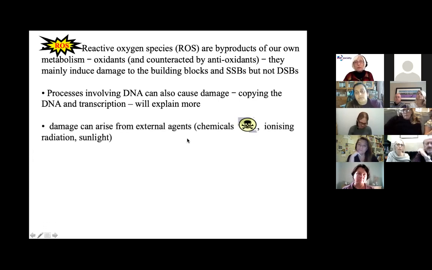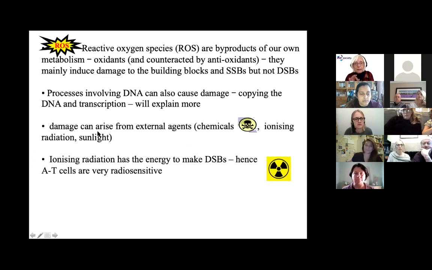Damage can also arise from external agents, such as chemicals, ionizing radiation, and sunlight. And in the context of AT, ionizing radiation is particularly important, because ionizing radiation is like a track going through a cell, has a lot of energy, and so it can damage both of those strands. And that's why AT cells are very radiation sensitive.